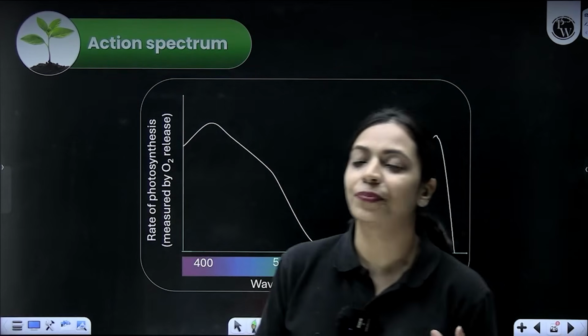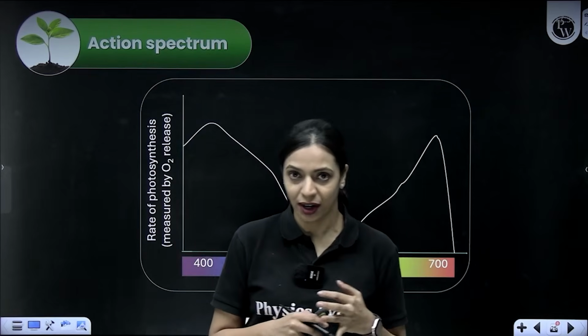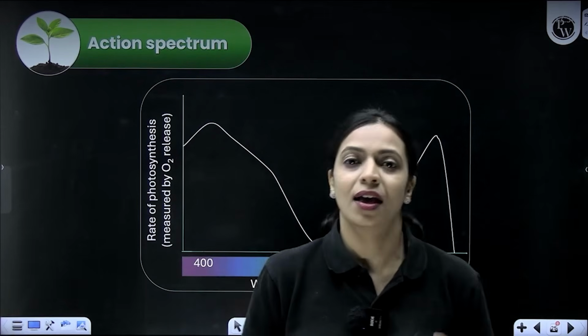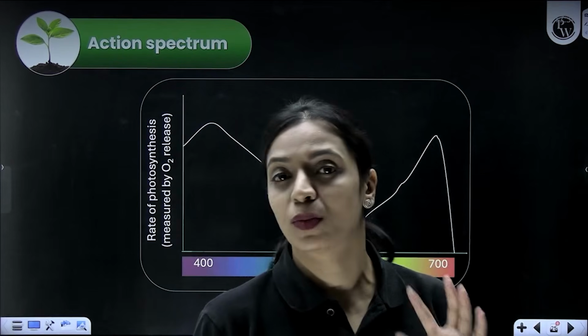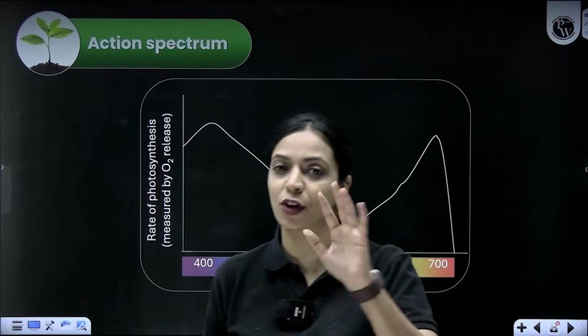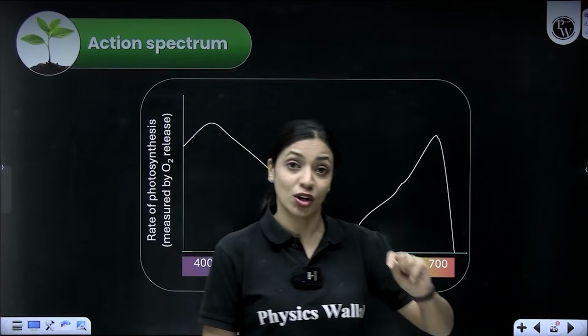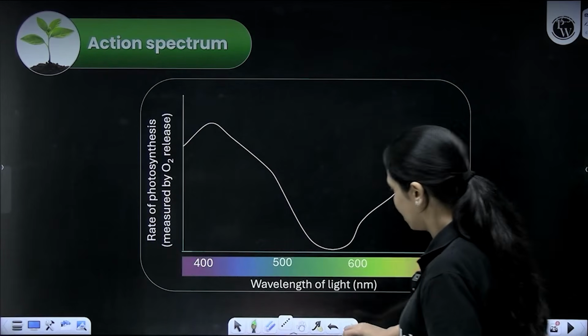So if glucose is the major product, it is difficult to determine how much glucose is produced inside the cell. However, it is easier to see how many oxygen molecules are evolving, what is the rate of oxygen evolution. So if you were to determine the rate of photosynthesis, you check for how much oxygen is released.